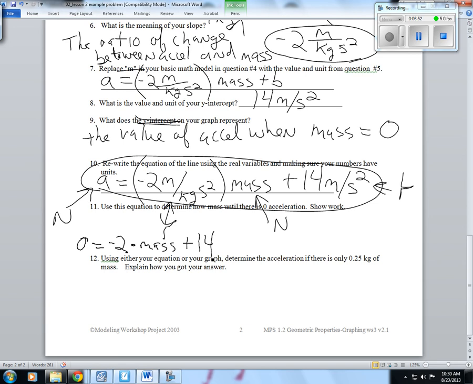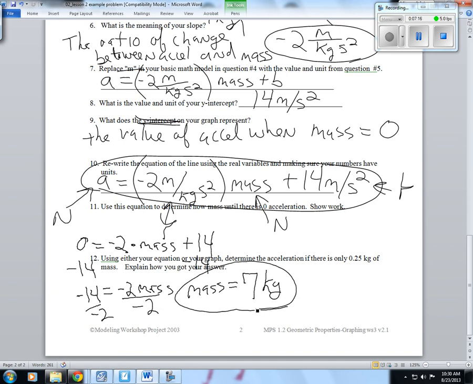We want to get the mass by itself, so we subtract 14 from both sides. You get -14 equals -2 times mass. Divide both sides by -2, and you get a mass equal to 7 kilograms. All right, so there you go. That lines up with what we know.